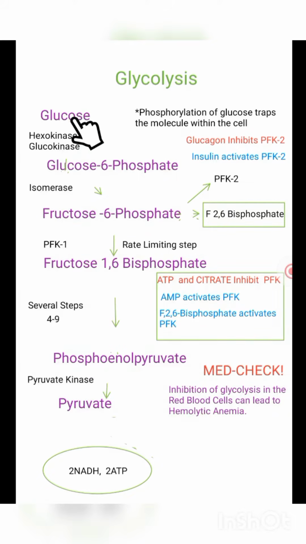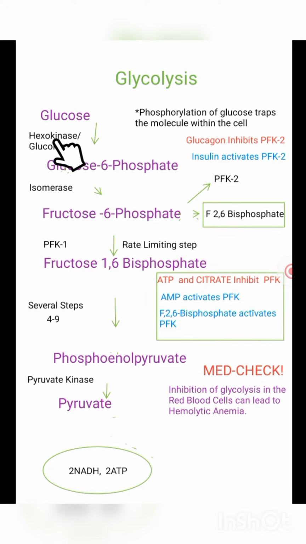Now, the first step involves the phosphorylation of glucose to glucose 6-phosphate by the enzyme hexokinase or glucokinase. These enzymes can be used interchangeably, but we have to know one thing. Glucokinase usually is used when it's more like an emergency. It has a very low affinity for glucose, so it only comes into play when you really have a high concentration of glucose.